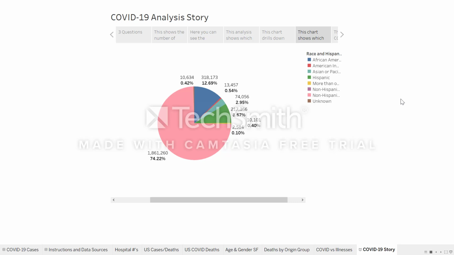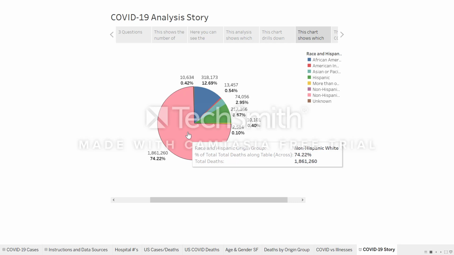The next chart is a pie chart that analyzes the number of deaths in the U.S. by race origin group. It was found that 74.22% of the deaths by the COVID-19 virus in the U.S. are of people who have a white race origin classification.